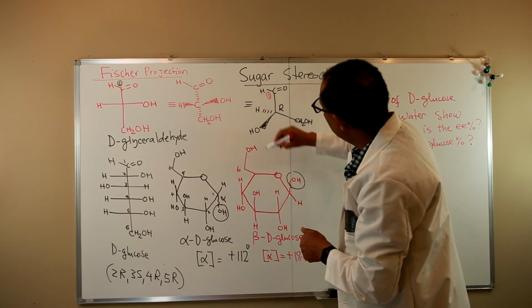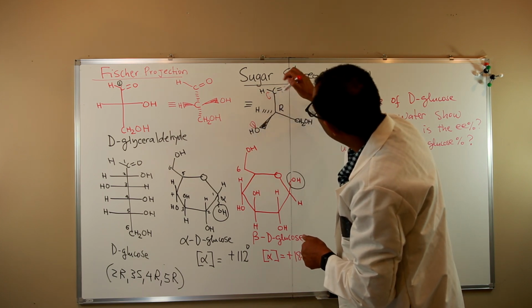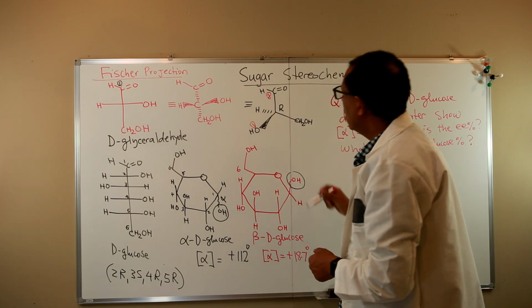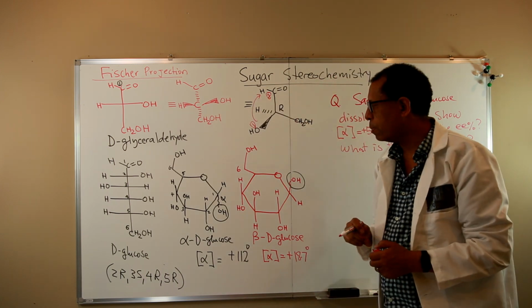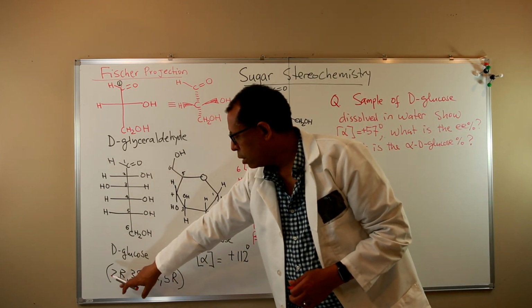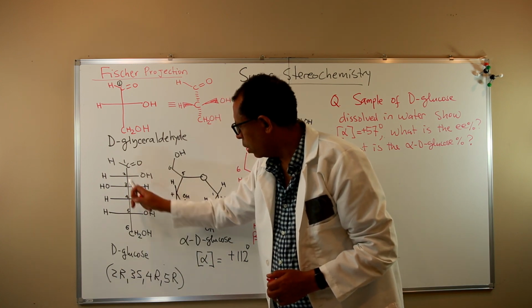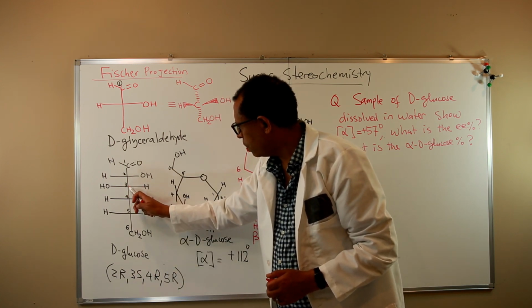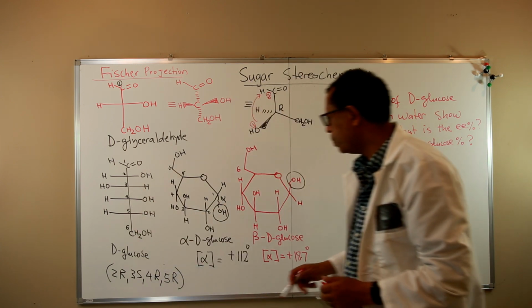Here is 1, here is 1, this is 2. If you go this way, this is an R configuration. So at each carbon position we have determined 2R, 3S, 4R, 5R.